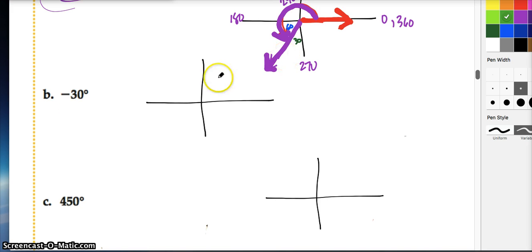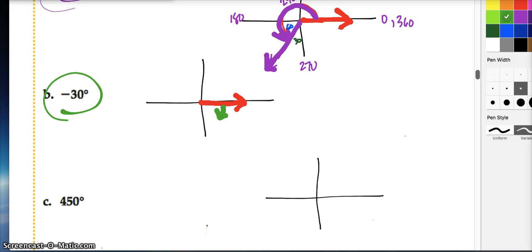So here in this example, we're going to be starting off with our initial ray as it always starts off. But instead of going in a positive counterclockwise way, where we move through the first quadrant, the second quadrant, the third quadrant, and the fourth quadrant, this negative tells me to go in the opposite direction. So it tells me that this angle actually opens downward.